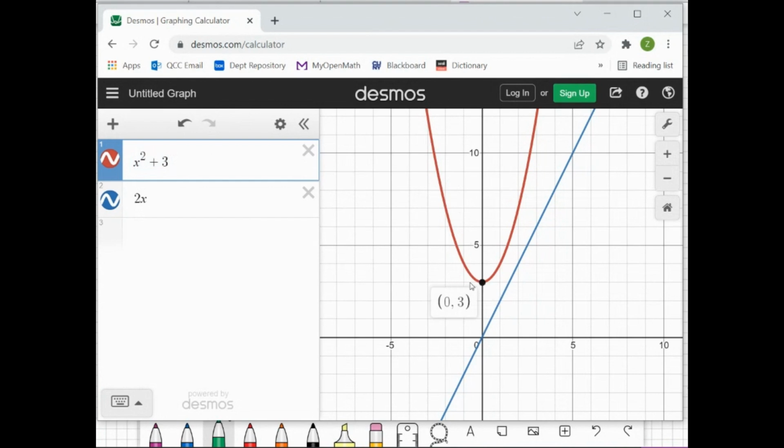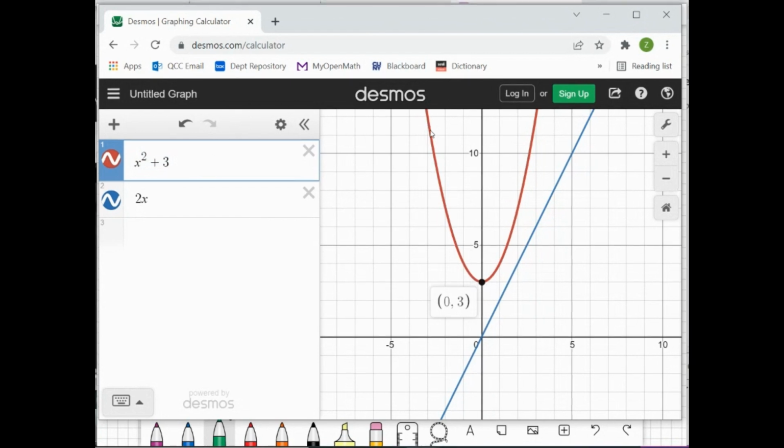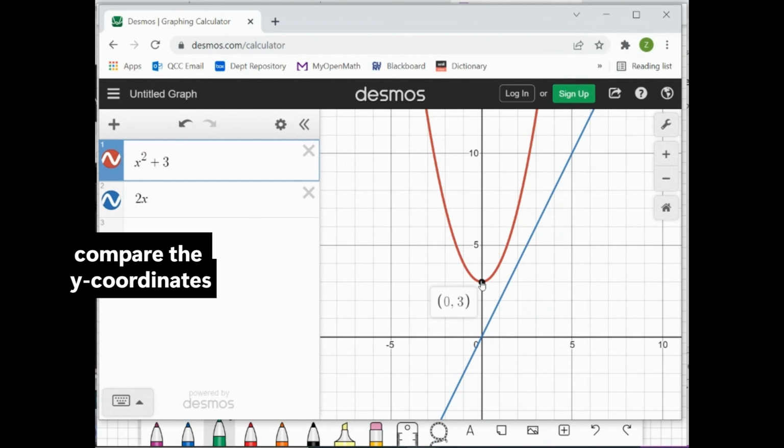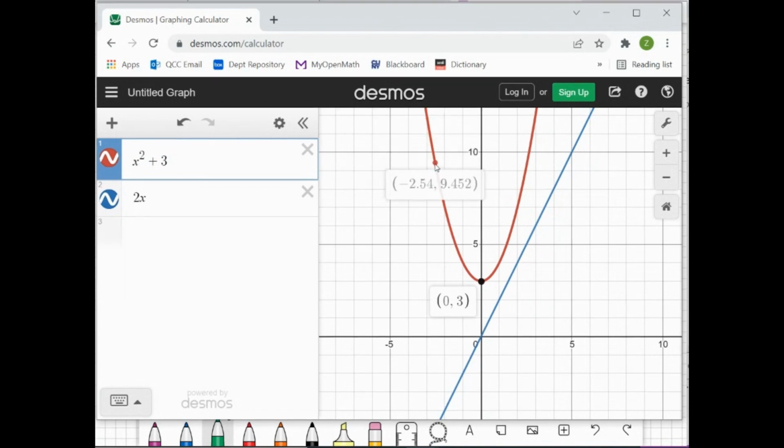When x is less than 0, so to the left of the y-axis, is this part decreasing or increasing? The left part of this red parabola is in fact decreasing. So let me just show you here. As you move from left to right, just look at the y values: 9, 8, 7, 6, 5, 4 point something, 3 point something, and 3. So the y values decrease.